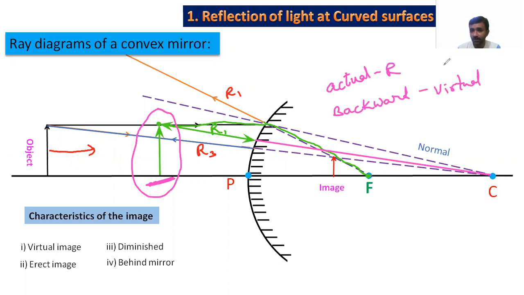I think you are clear. How to identify the virtual image in the ray diagram? By the light rays coinciding at that point. Is it by the actual rays or the backward rays? If backward rays, then it is virtual, right? So virtual is correct. Then what about the remaining?